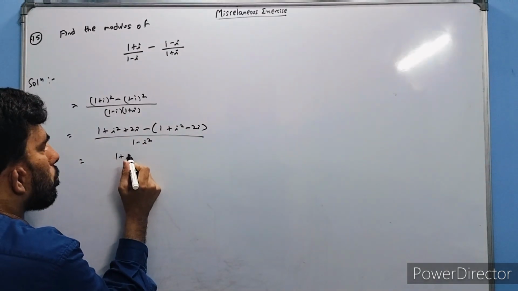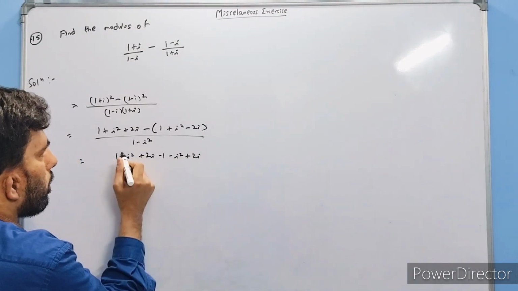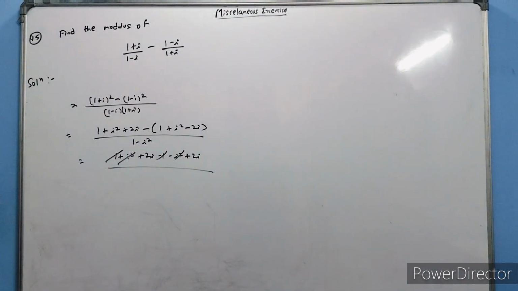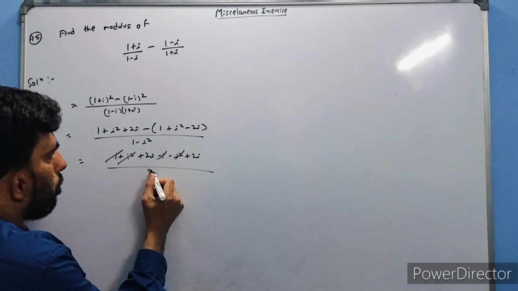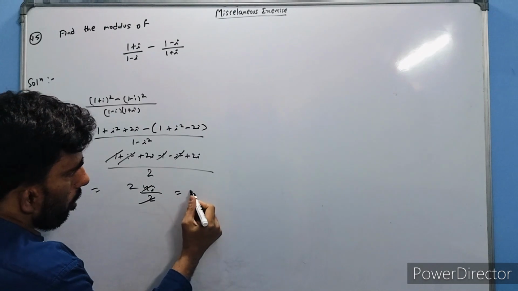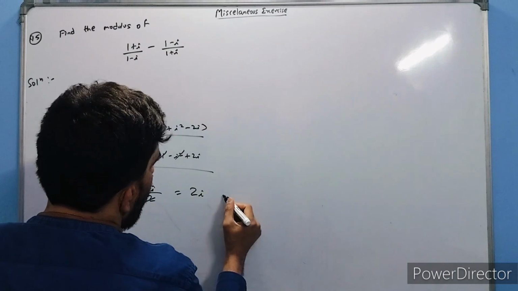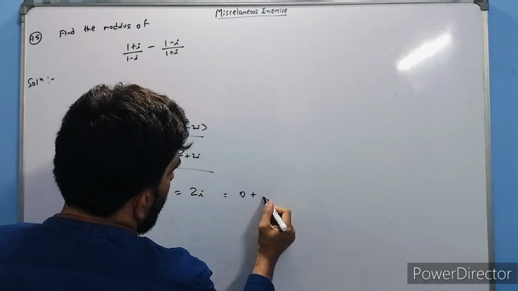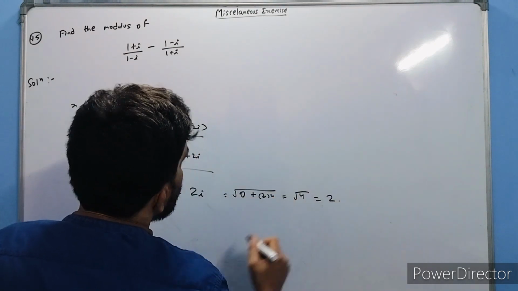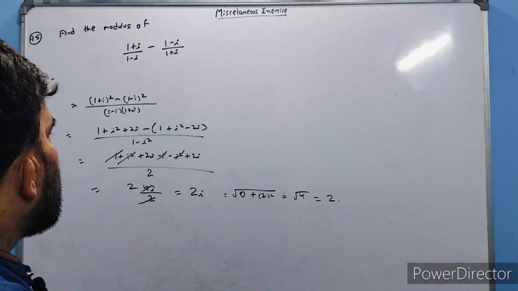Reducing everything, i square means minus 1, so the denominator will be 2, and the numerator is 2i plus 2i, 4i, upon 2. So I got 2i. Now to find its modulus, it will be the square root of 0 plus 2 square, which is 4, so it will be 2. That is how we find the modulus.